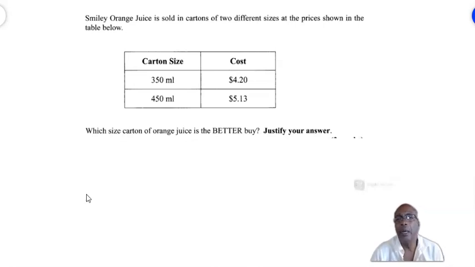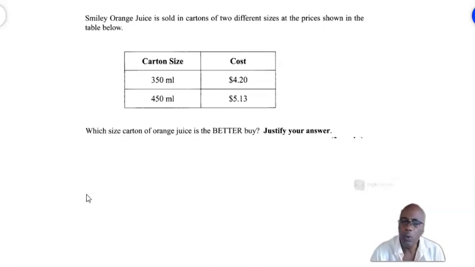A milliliter, remember, is the same as a cubic centimeter. 1,000 milliliters make a liter. One 350 milliliter tin will cost $4.20, and one 450 milliliter tin would cost $5.13. Which size carton of orange juice is the better buy?